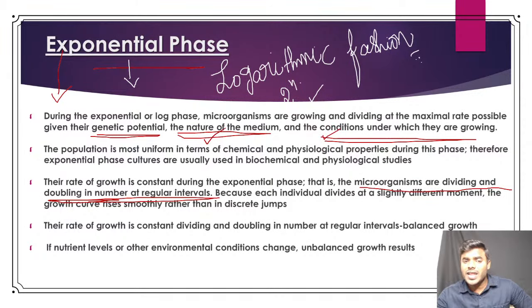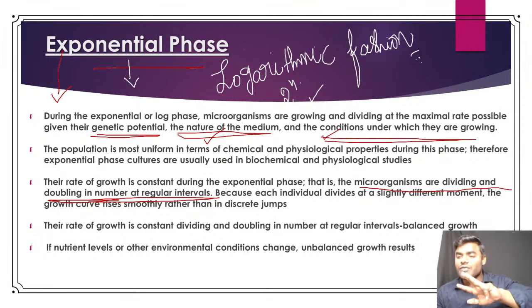First point, nature of the medium means we have to provide all the suitable nutrients, water, minerals, and amino acids for their growth. And even though you provided a good nutrient medium, and even though there is no competition, suppose the microorganism has less genetic potential, which means it does not have the ability to grow. You have to listen to me correctly.